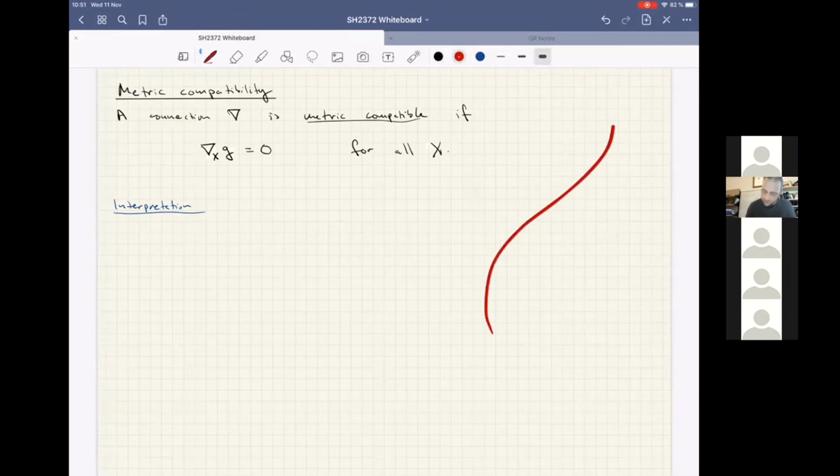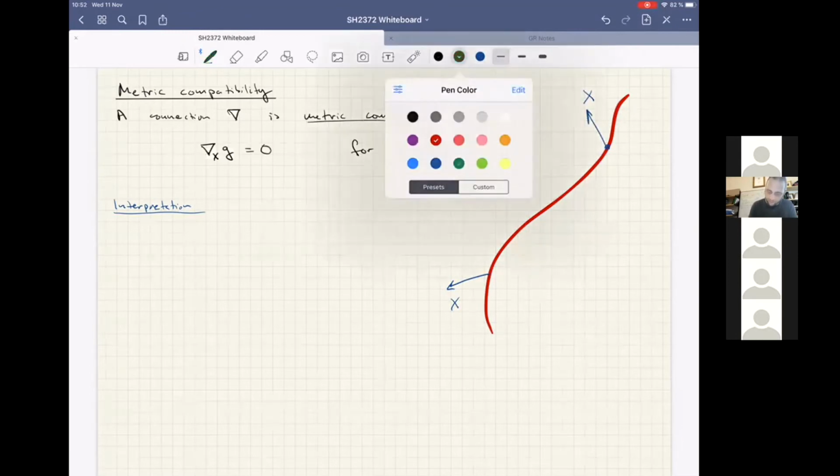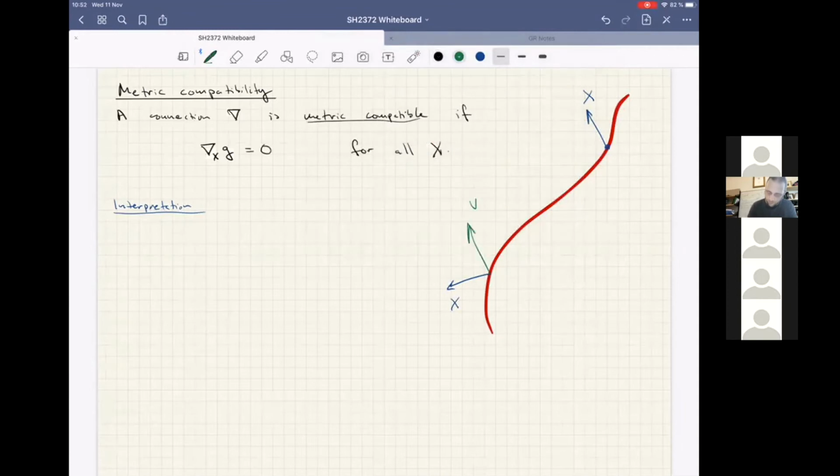As usual, we take a curve something like that. And we take a vector x here, and we parallel transport it over here. And we take another vector, which we call y, and we parallel transport it to the second point.